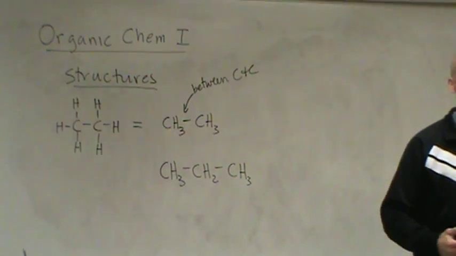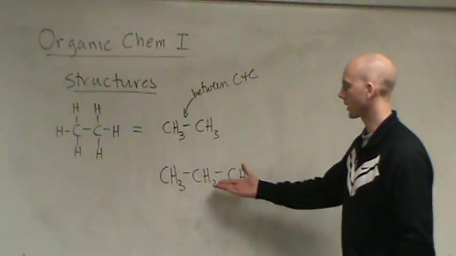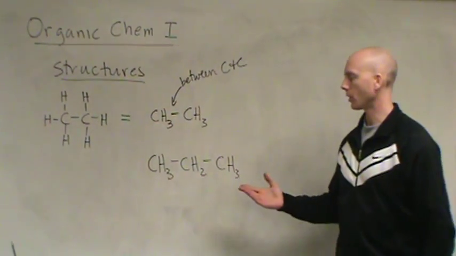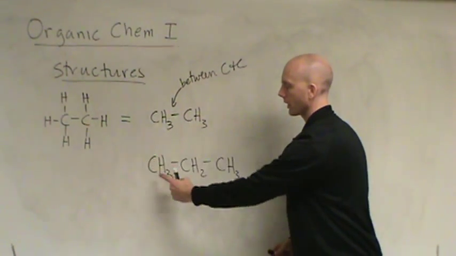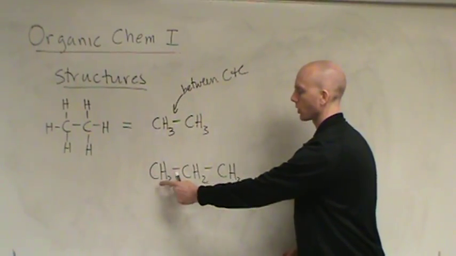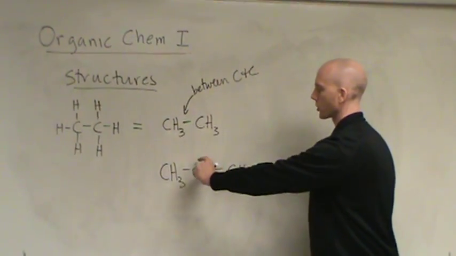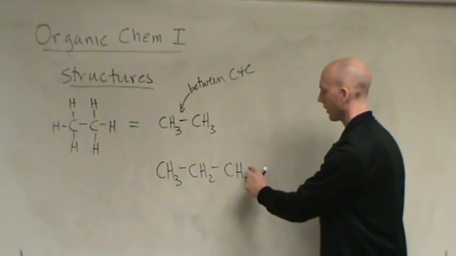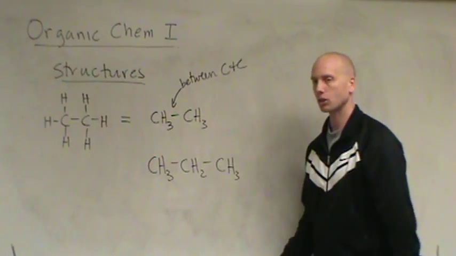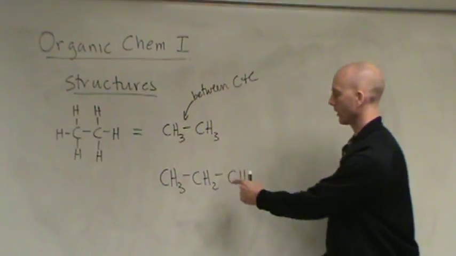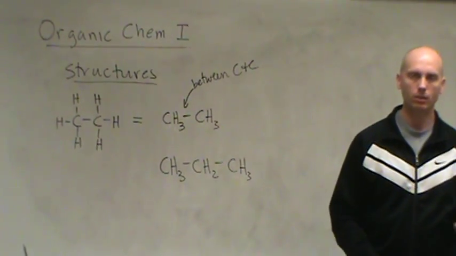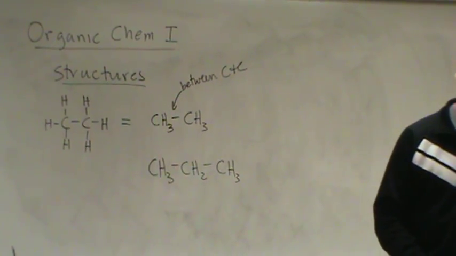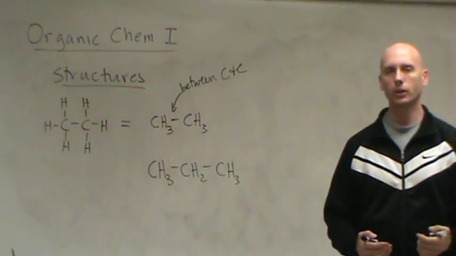So for example, if I drew this condensed structure, you should know what is going on here, that these 3 hydrogens are bonded to this carbon, these 2 hydrogens to this carbon, and these 3 hydrogens to this carbon, okay? And these bonds shown are between carbon and carbon, okay? So that's the first way we can condense structures.